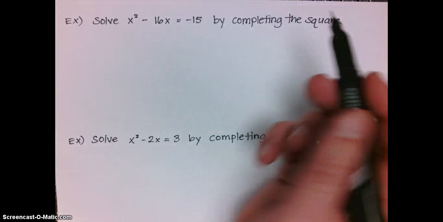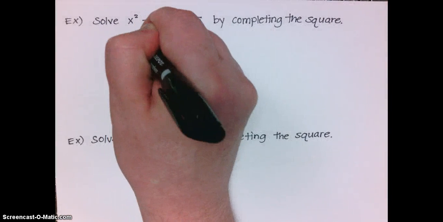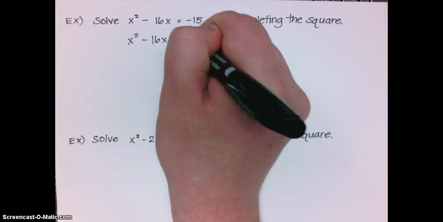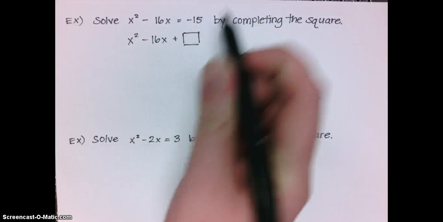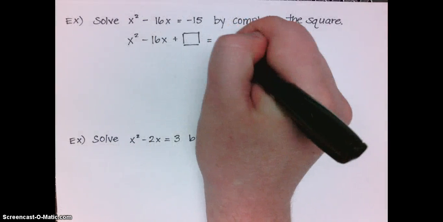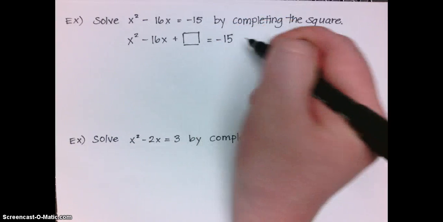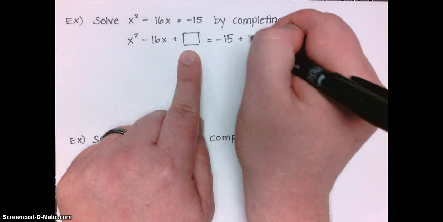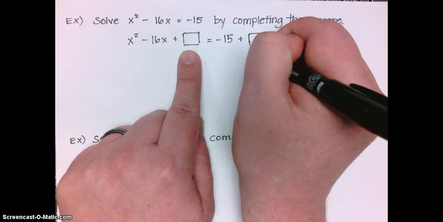So we ourselves need to now figure out, what am I going to add to turn this expression into a perfect square? And that still is going to be equal to negative 15. And if I'm going to add something here, I definitely need to add it to the other side as well.